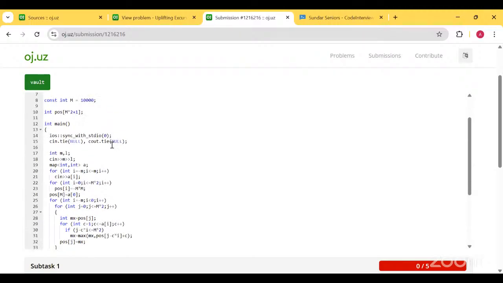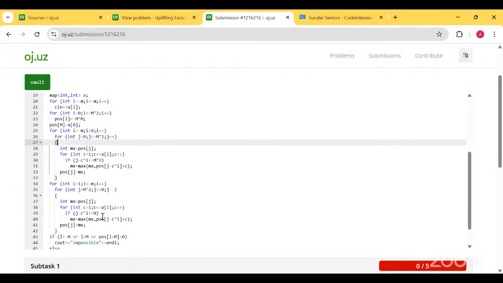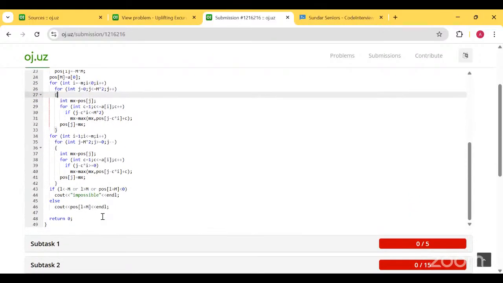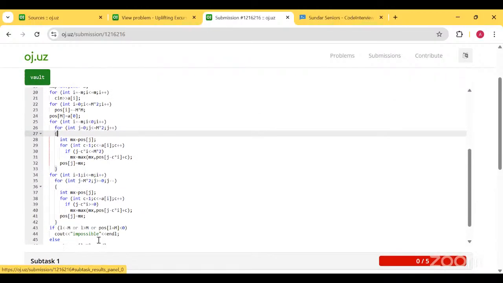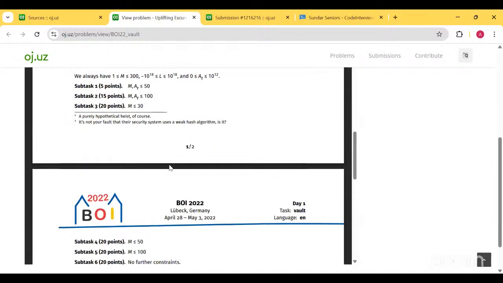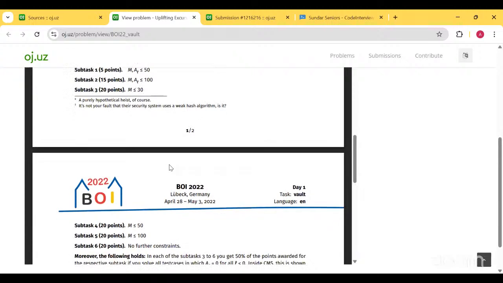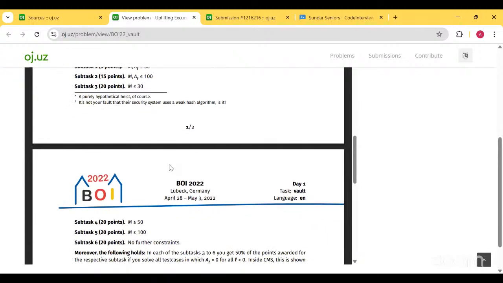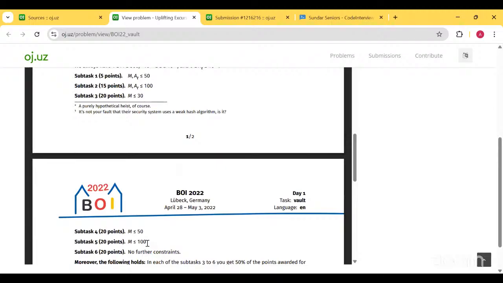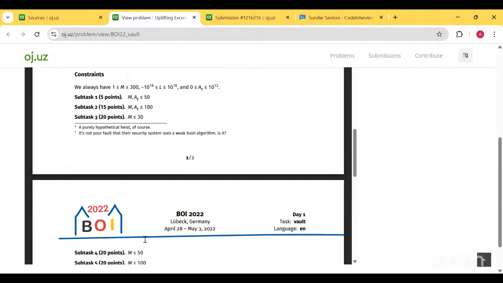Okay, but for the knapsack part, at first we can optimize like this. For example, how to solve M up to 100?